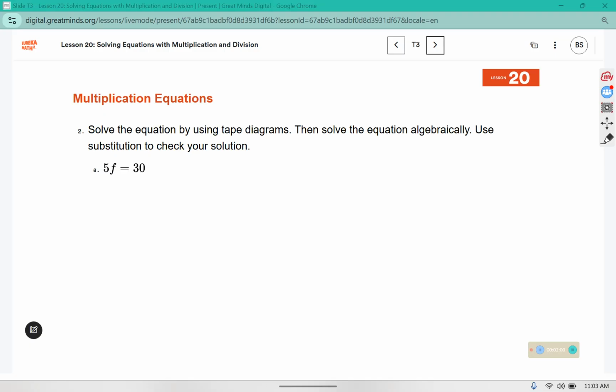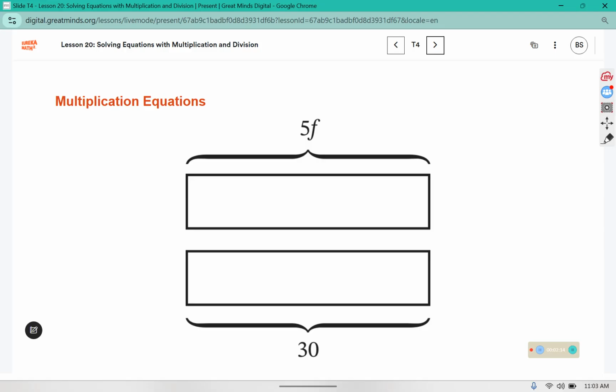Solve the equation by using tape diagrams, then solve the equation algebraically. Use substitution to check your solution. So we're going to start with tape diagrams. We have 5f is the same size as 30. But 5f, there are 5 of them, so we're going to break them up into 5 parts.